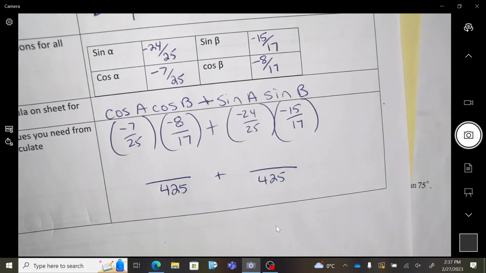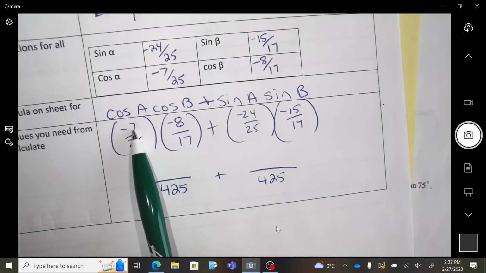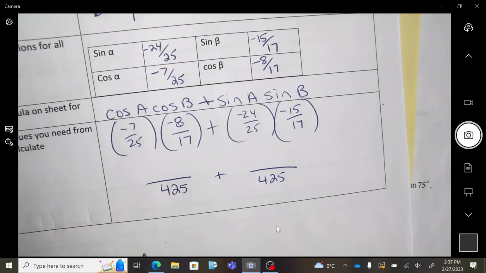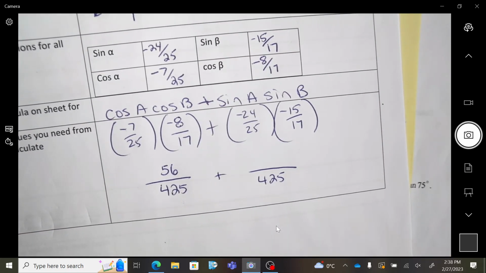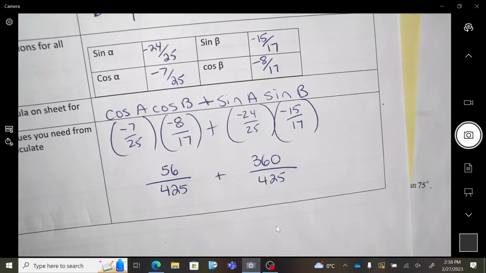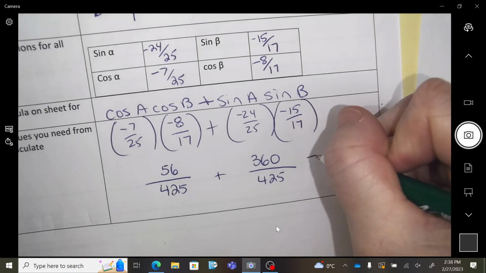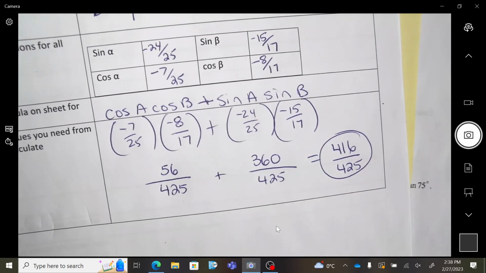Okay, so 25 times 17 is 425. What does this come out to be on the top there? We got a -7 times a -8. So that should be 56. Okay, the rest is math. So there's my final answer.